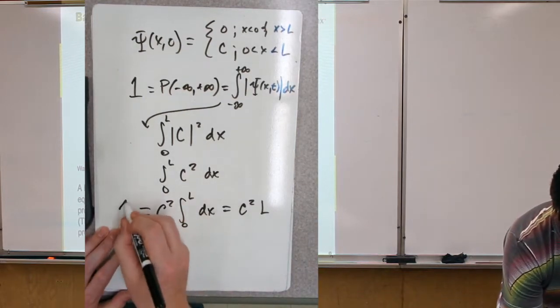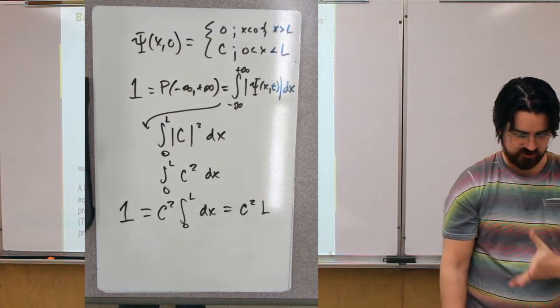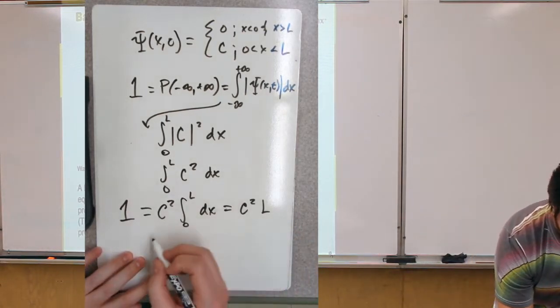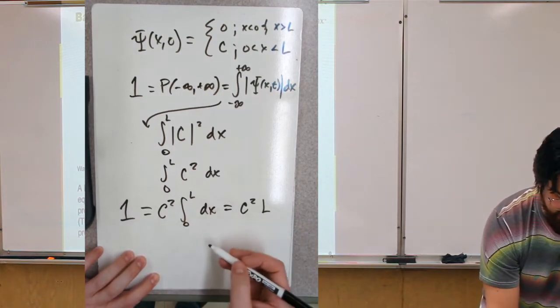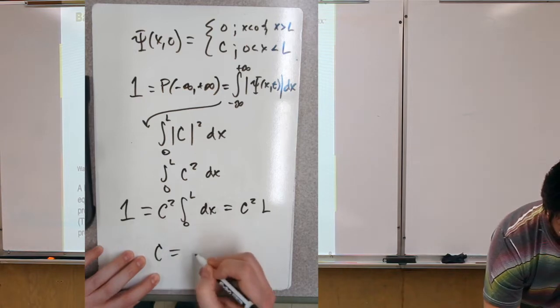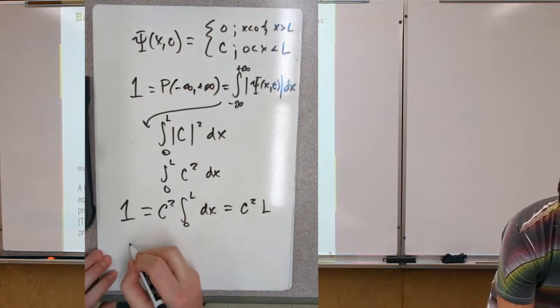But remember, this condition was that that should be 1. We integrated over all of x, we should get 1. So if I then divide by L and take the square root, let's write that over here.